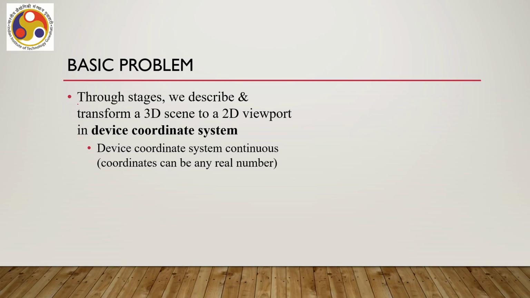Now, what is the basic problem that is dealt with in this stage? Through the 4 stages, what we have done so far is to describe and transform a 3D scene to a 2D viewport, which is defined on a device coordinate system. The device coordinate system is a continuous coordinate system, that means the coordinate values can be any real number.